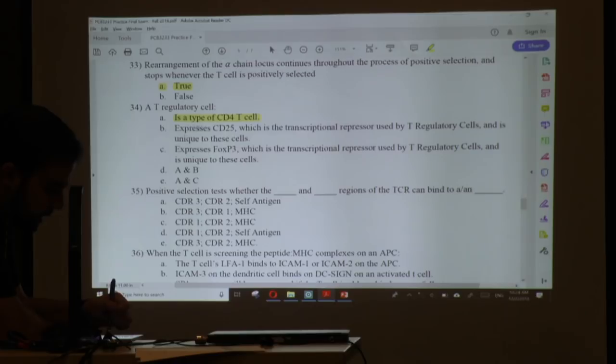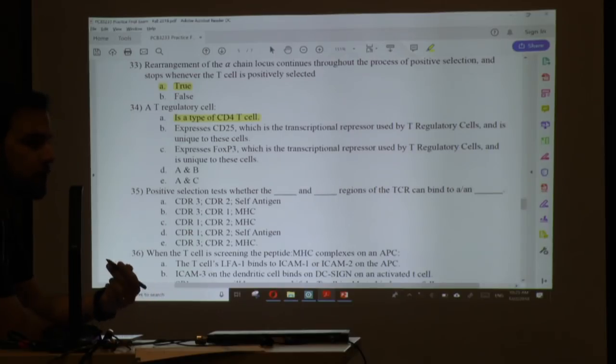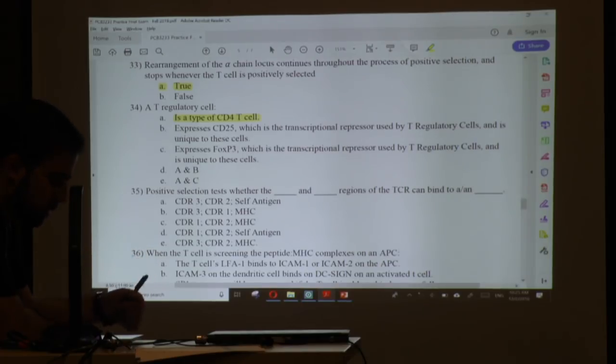And it expresses CD25, which is true, but this statement is saying that it's a transcriptional repressor. CD25 is just a protein on the surface of Tregs. So B is wrong. C is right because it says that it expresses FOXP3, which is a transcriptional repressor used by Tregs, and it's unique to these cells.